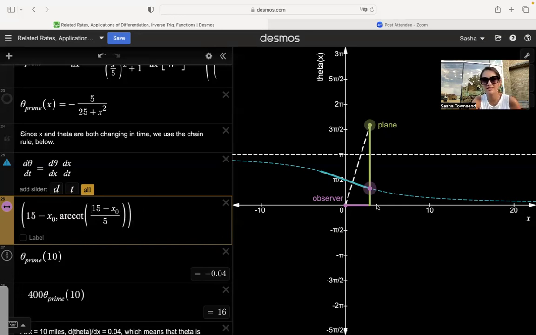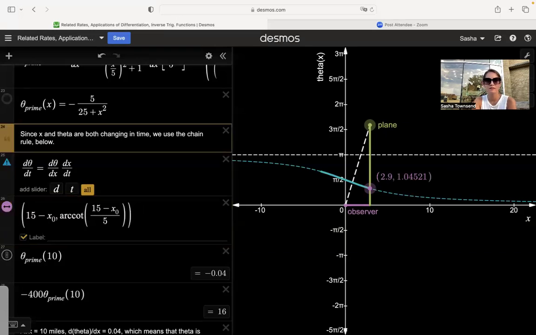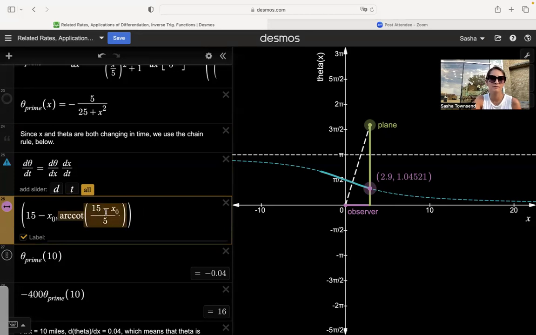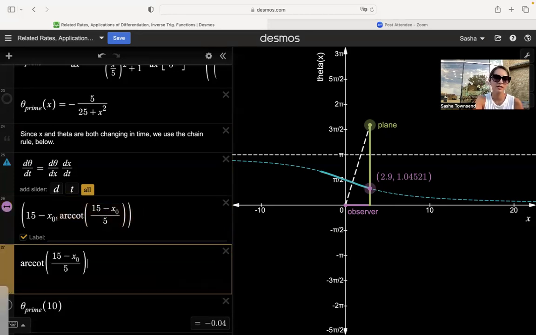I'm just using 15 minus x naught so we can continue to use our slider. They say when x is 2.9 miles, the angle is 1.04521 radians, which we can convert to degree measures so that it makes a little more sense to us intuitively. It's about 59 degrees.